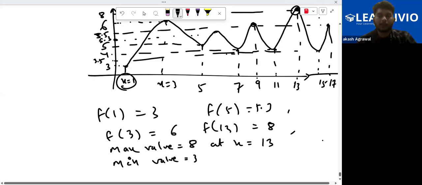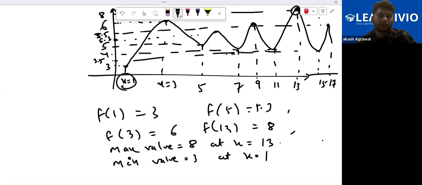And at x, what value are we getting 3? 1. Absolutely correct. Very good, Zaina. So the function is attaining maximum value at x equals to 13 and the value is 8. Minimum value is at x equals to 1 and y is 3.